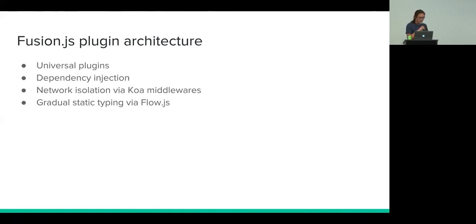So the plugin system in Fusion uses dependency injection. If you use Angular, you have probably heard of something similar to that. There are similar systems in Java and C Sharp. Basically, it allows you to inject a dependency, saying, I need this thing that has a certain interface in order to work. And the benefit of dependency injection is that you can then mock the dependency if you're doing tests.